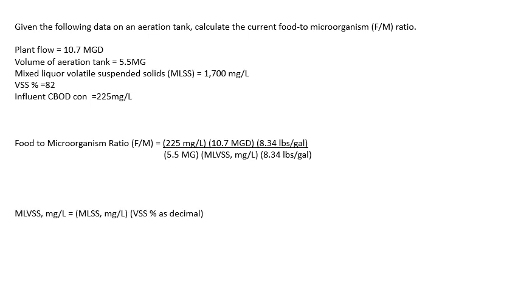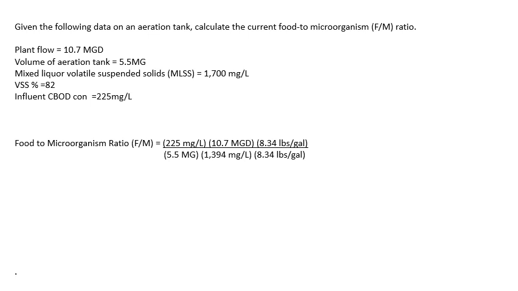To solve for the MLVSS, it is equal to the MLSS, milligrams per liter, times the VSS percent as a decimal. So your 1,700 milligrams per liter times 0.82 gives you 1,394 for your MLVSS. So we're going to plug that in.